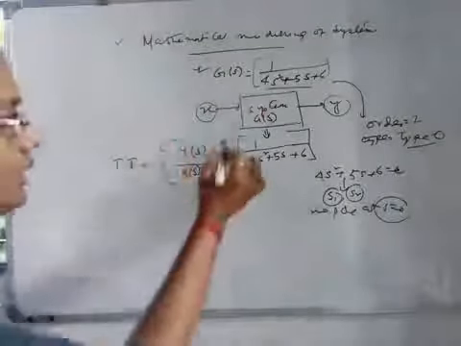So once you get this 1 by 4s squared plus 5s plus 6 kind of function here, that means there are definitely certain electrical or mechanical systems working here.